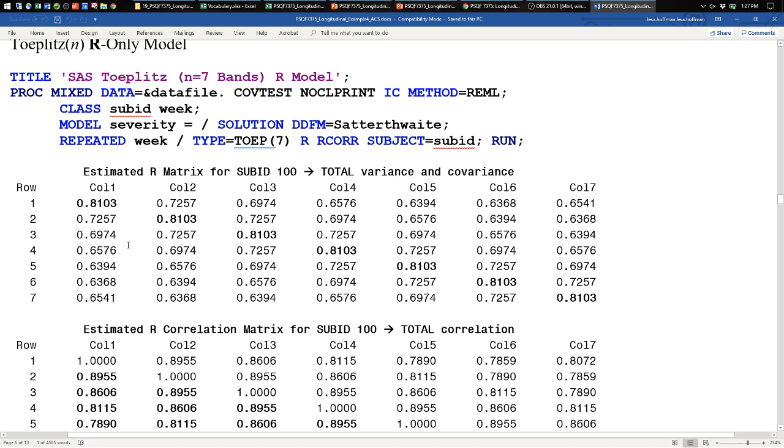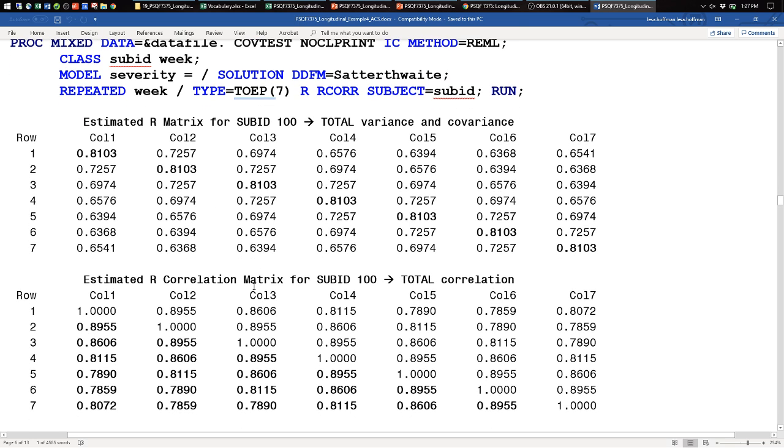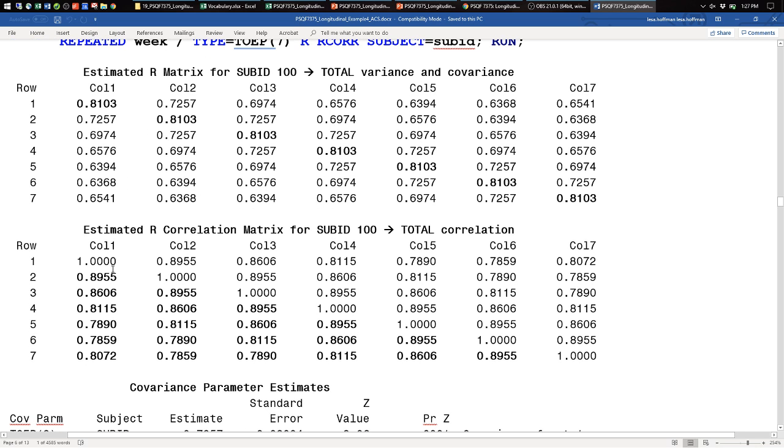We looked at Toeplitz, which is banded, also requires equal interval data in this setup, but each band gets a separate estimate. So this time we have the same variance over time, so we can look at the correlation table down here.